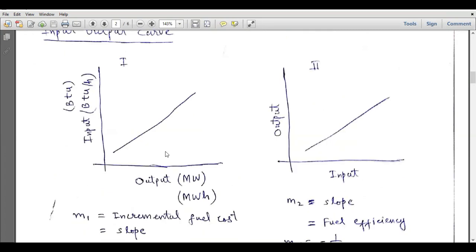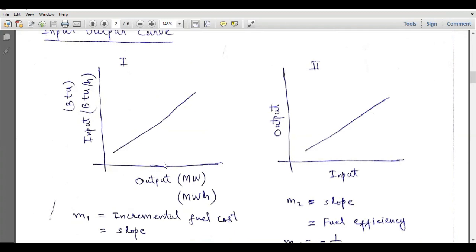Okay, so in this graph, the slope is equal to the input divided by the output, and input in this case is either the energy or power, and it is given in British thermal unit or British thermal unit per hour, and this actually corresponds to the quantity of fuel, right?